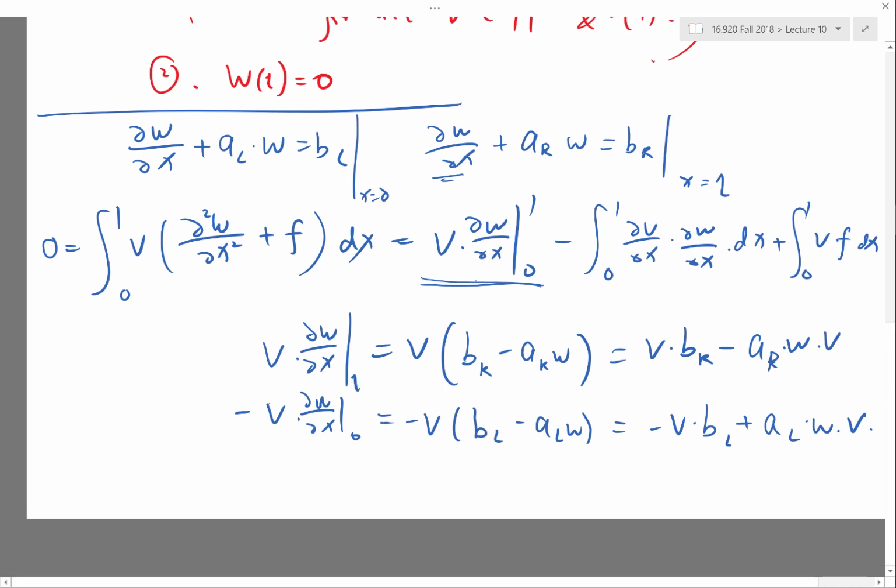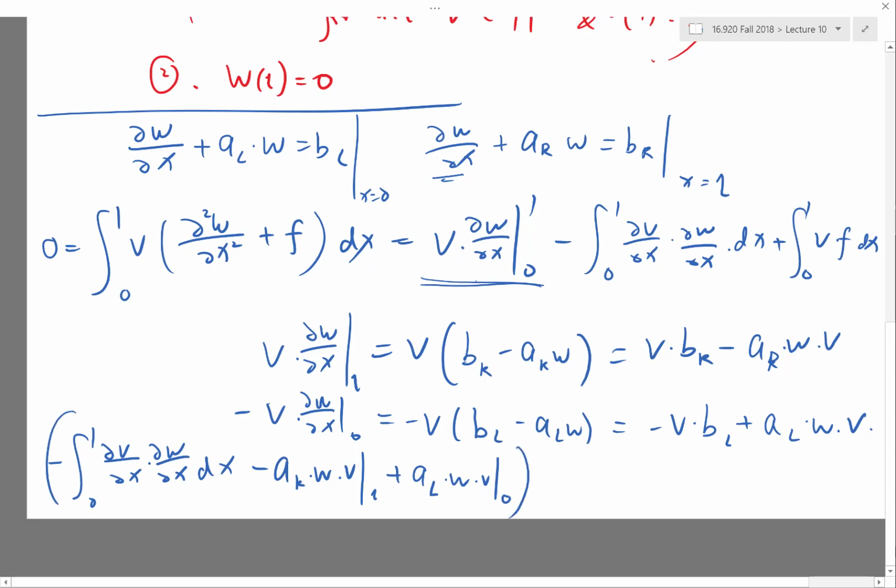So my bilinear form is now going to have a minus product of the derivatives, and minus AR times WV at 1 and plus AL times WV at 0. So this is my bilinear form now.